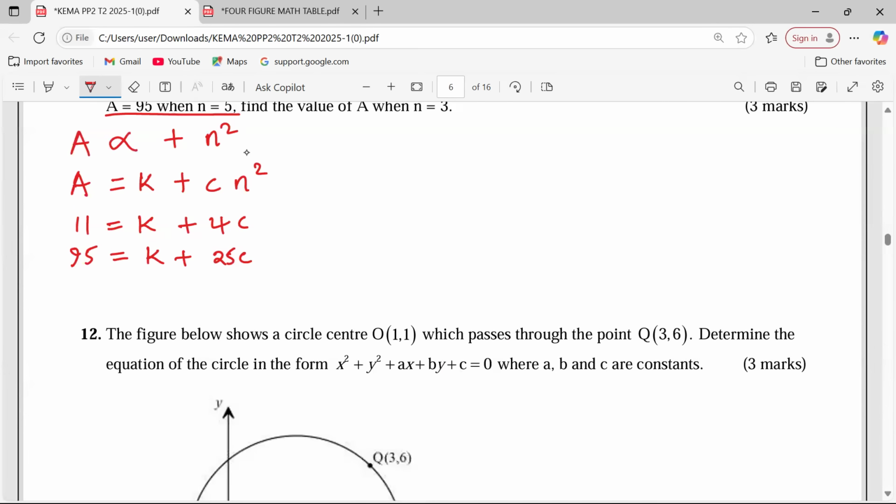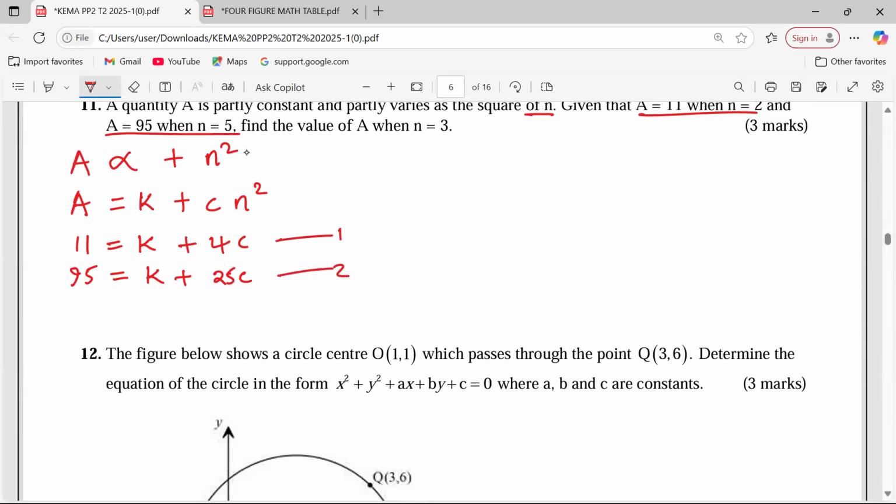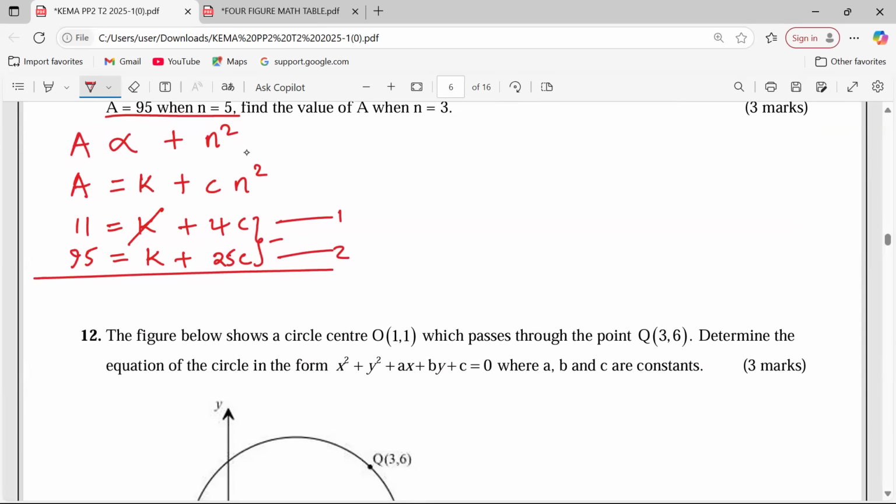So with this, now we have equation 1 and equation 2. Now we can work what we call the elimination method. And looking at the two equations, the coefficients of K are already equal. So K can be eliminated in advance. And how do we eliminate? Subtracting equation 1 and 2. So K minus K, that becomes 0.